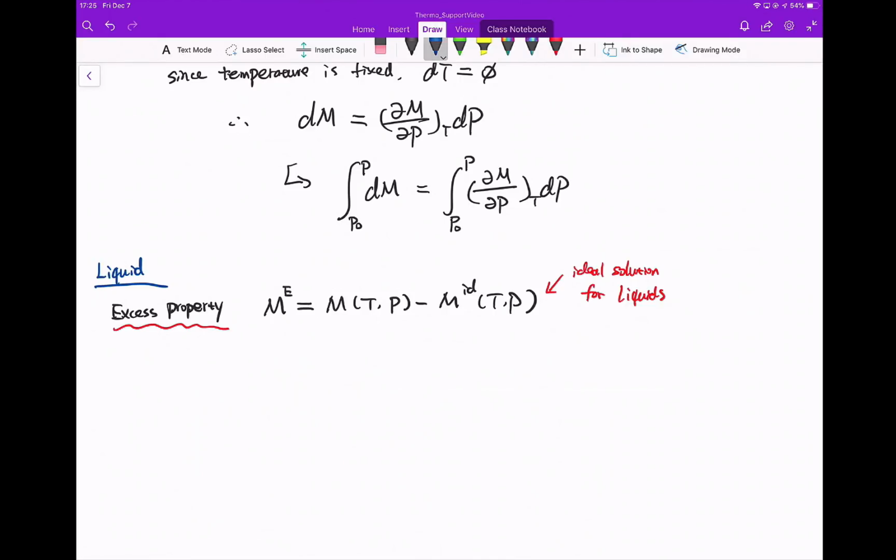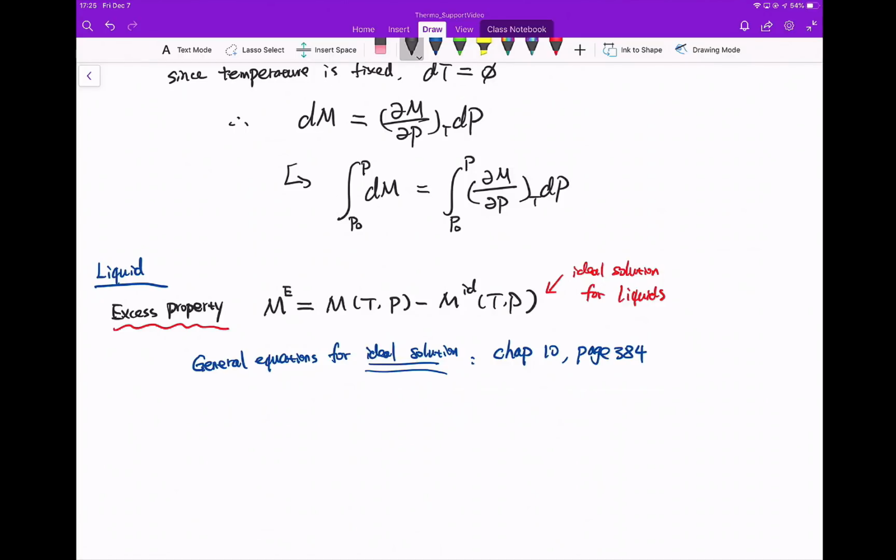In order to have that, we need to look at the general equations for the ideal solution, which are discussed, I believe, in chapter 10 from page 384, where we have a list of equations for the ideal solution.